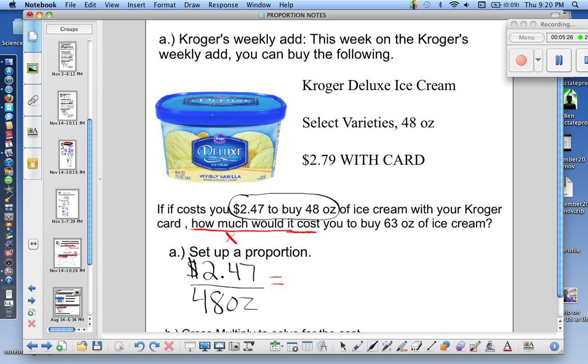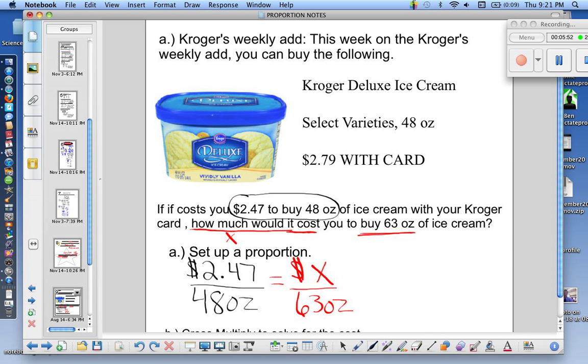So we don't know how much, but we do know we're going to need to buy 63 ounces. Remember, a proportion is two ratios set equal to each other. That's why I needed to set these two ratios and put an equal sign between them.